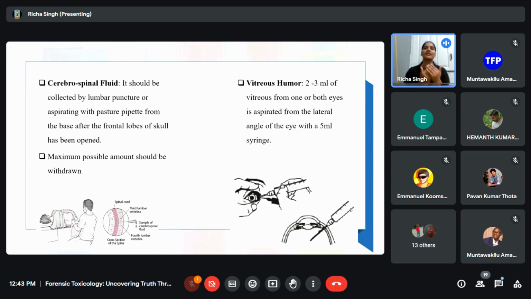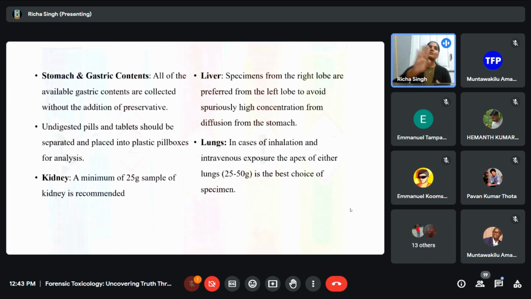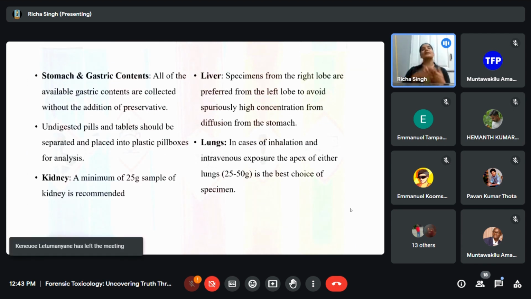The potassium level also increases further, which helps to identify how much time has passed since the person died. One more visceral fluid that we can collect is synovial fluid, which is present in our knee joints, and it is also helpful for the analysis of poison, basically in alcohol cases.